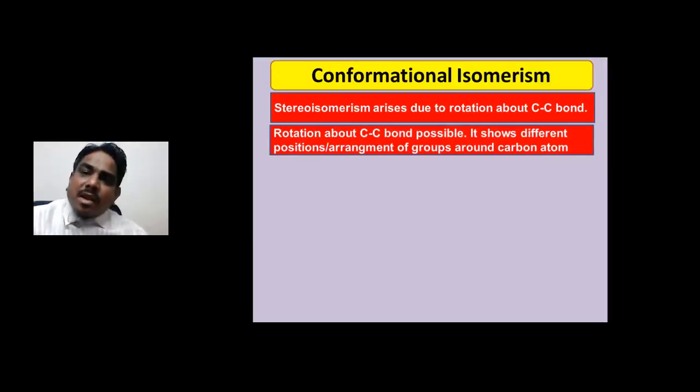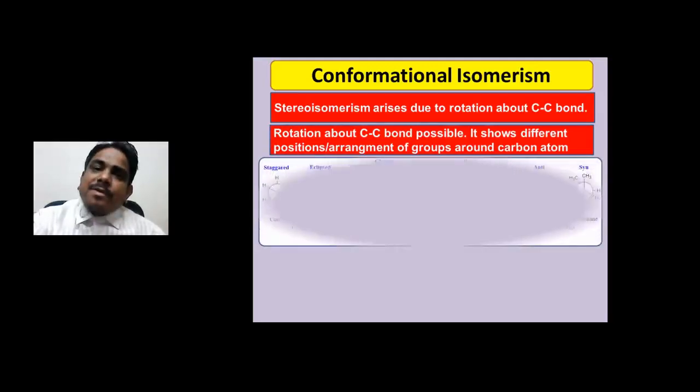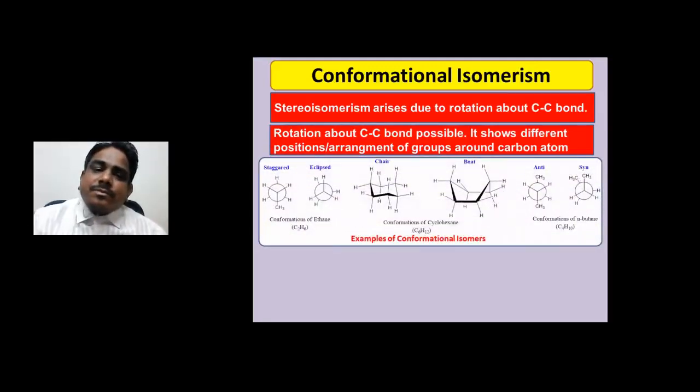Rotation about the carbon-carbon single bond is possible, and that rotation shows the different positions or arrangement of groups around the carbon atom. We have examples: staggered and eclipsed conformation of ethane, chair and boat conformation of cyclohexane, anti and syn conformation of butane. These are examples of conformations to understand conformational isomerism.